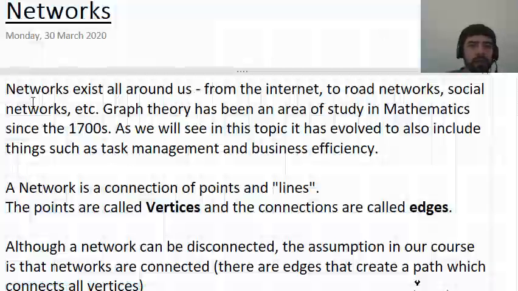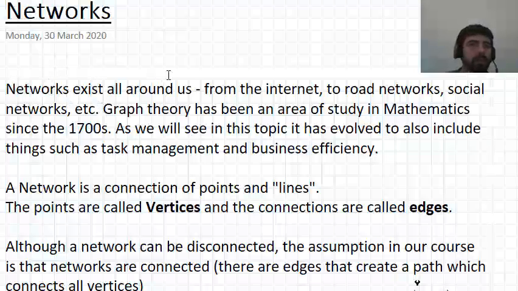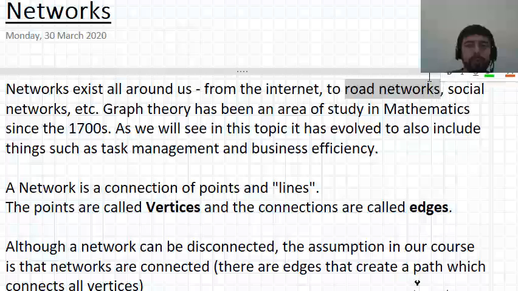So let's actually talk about networks. Networks are everywhere around us. The internet is a network. Road networks, that's why Google Maps works. Even social networks connect all of you with each of your friends and then your friends with their friends and somehow keep that all related. Graph theory has been around since the 1700s, probably before they even thought of networks, and it's the bigger picture topic.